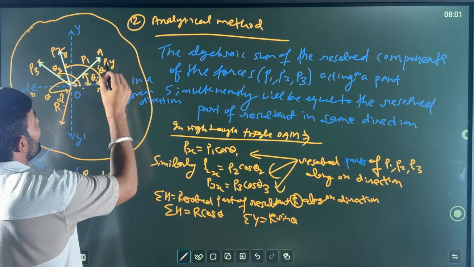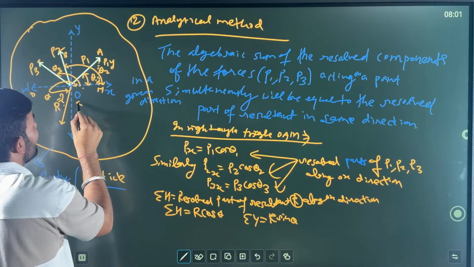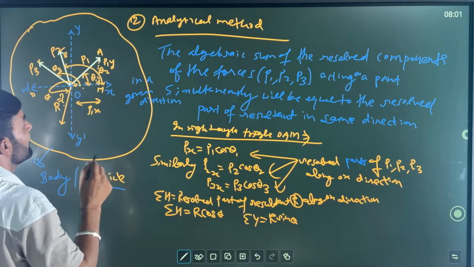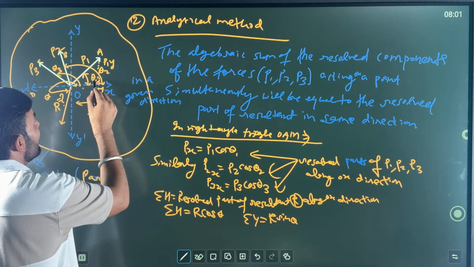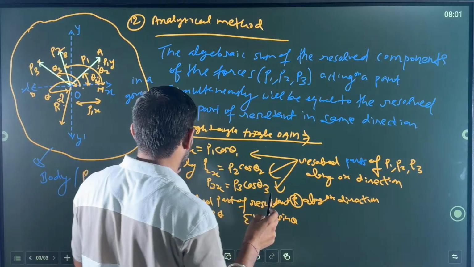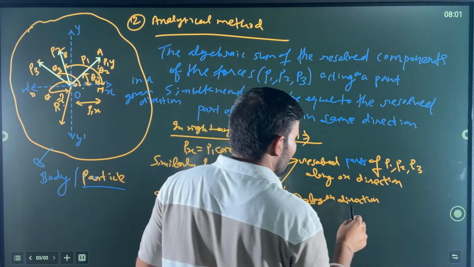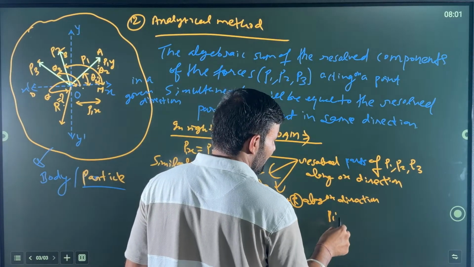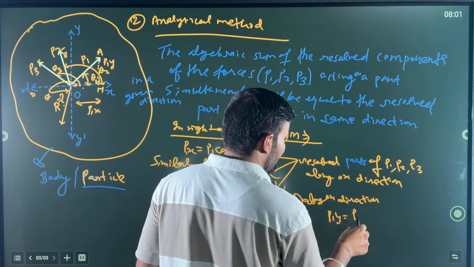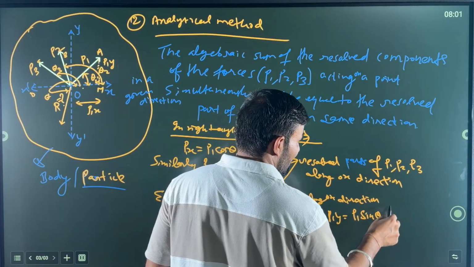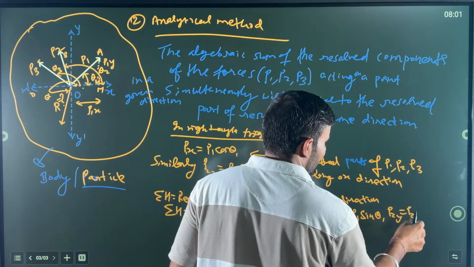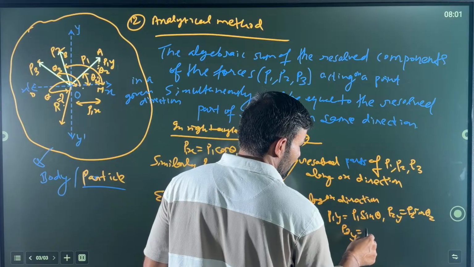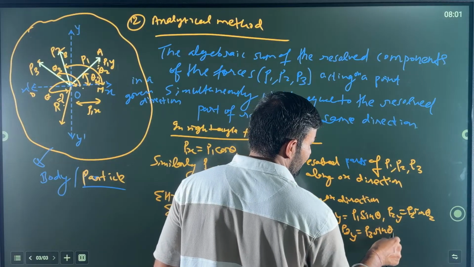Here, what will be the component of this vector, my dear friends? That is P1y. This was P1x, my dear friends. We have taken this P1x, and this is P1y. So perpendicular by hypotenuse is sin theta 1, my dear friends. Be careful. Similarly, you will take components in the OY direction. So P1y will be equal to P1 sin theta 1, then P2y is P2 sin theta 2, then P3y is P3 sin theta 3, my dear friends.